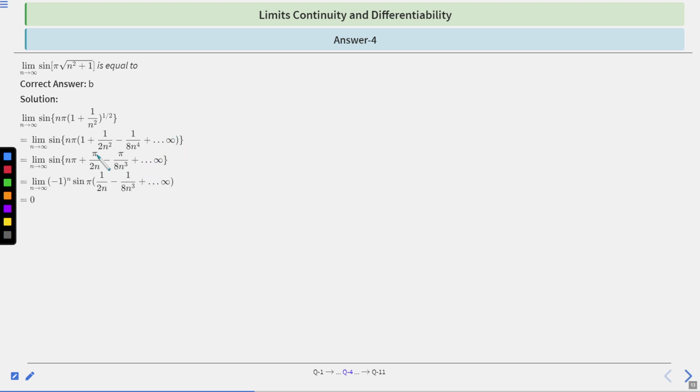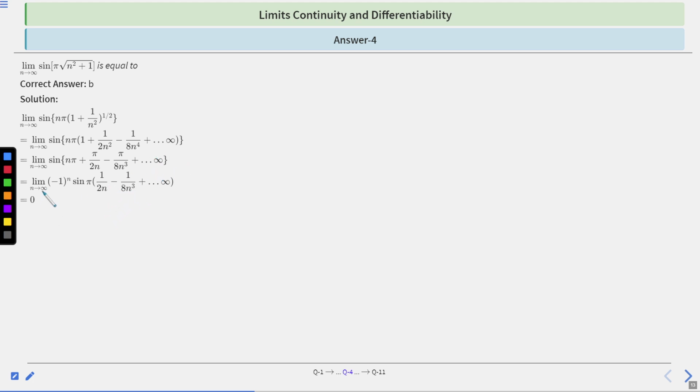Clear? Now it can be written as limit n tending to infinity sine n pi plus pi by 2n minus pi by 8n cube plus till infinity, which can be written as limit n tending to infinity minus 1 to the power n sine pi 1 by 2n minus 1 by 8n cube till infinity, right?